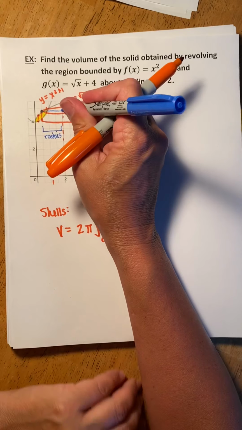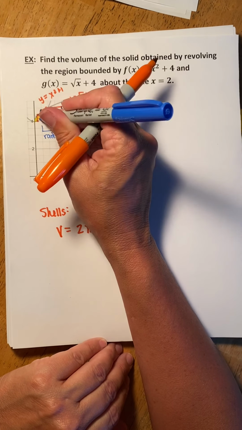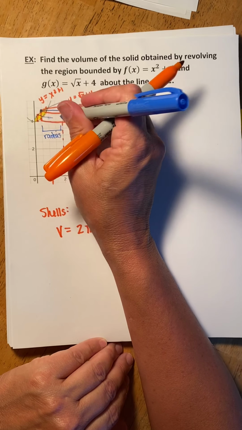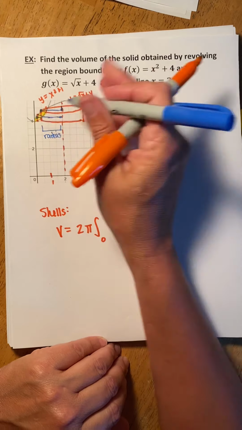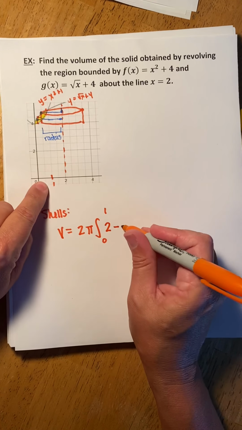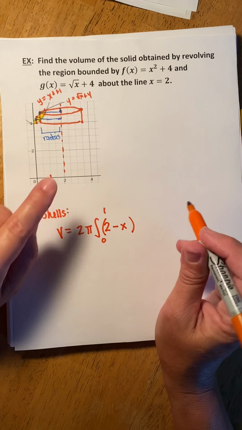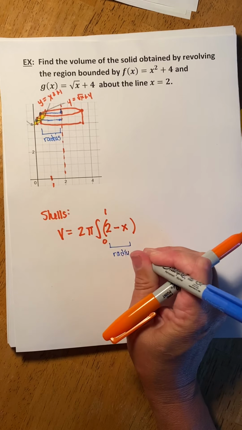Notice the right side never changes, but as we change these little lines inside here, the left side changes. The left side depends on your value of x. So this would be the radius of that one right there. So we always do right minus left. So the radius is now axis of rotation minus the x value to the left. Always right minus left. So this is the radius of one shell.